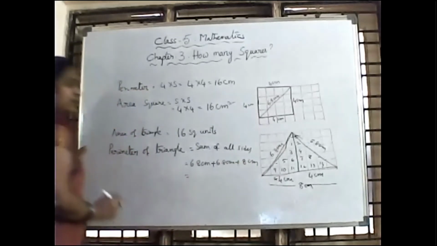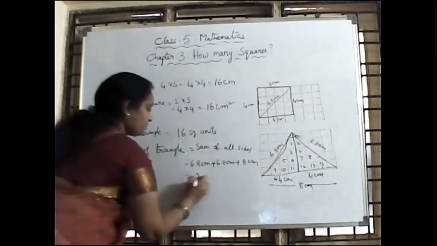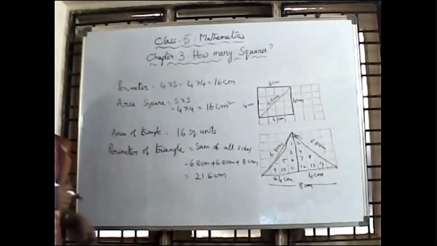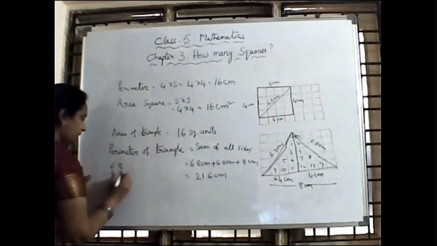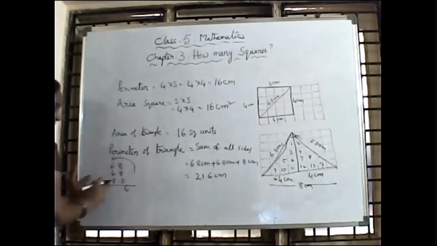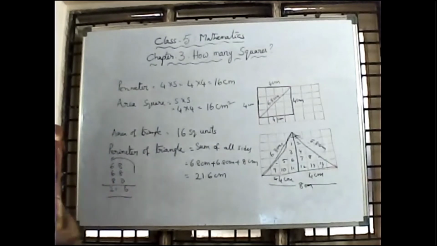Find it out, ma'am. 20 plus 1.6, 21.6 it is. Add it: 6.8, 6.8, 8.0. 16, 1 carry forward. 12 plus 8, 20, 20 plus 1, 21.6 centimeters.